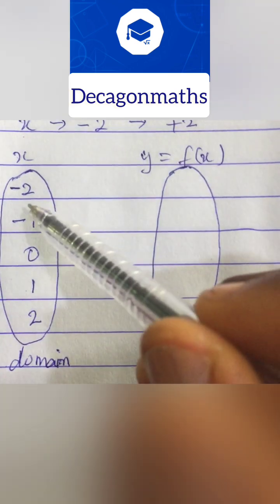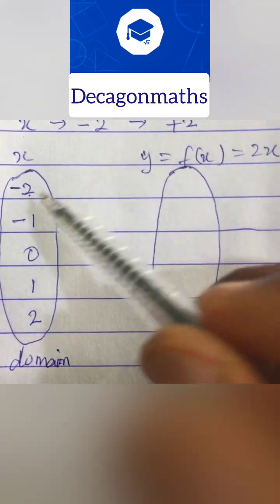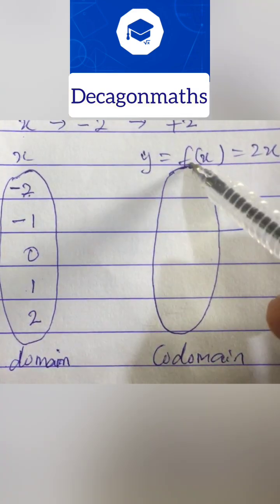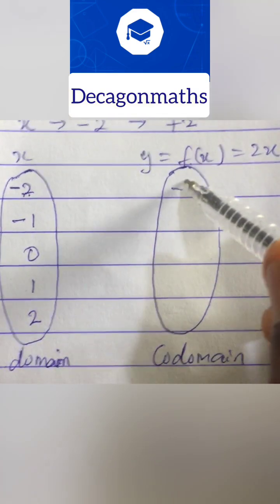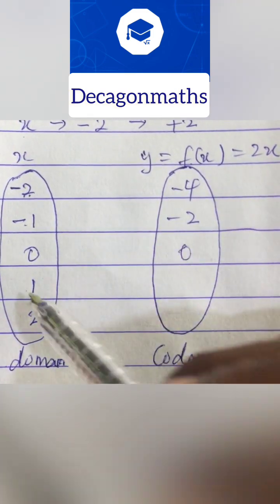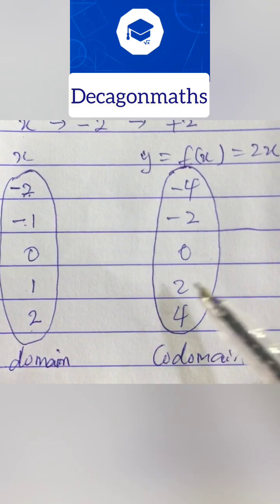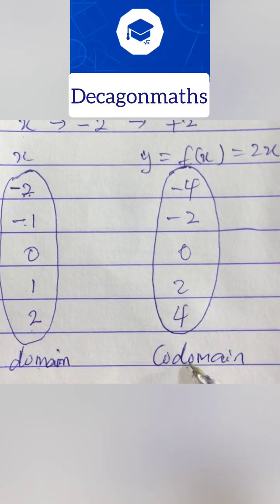Now when x is -2, we know that our f of x will be 2x. So when x is -2, f of x will be 2 times -2, which is -4. For -1, we have -2 for f of x. For 0, we have 0. For 1, we have 2. And for 2, we have 4. So these are the codomain, and we have the domain.